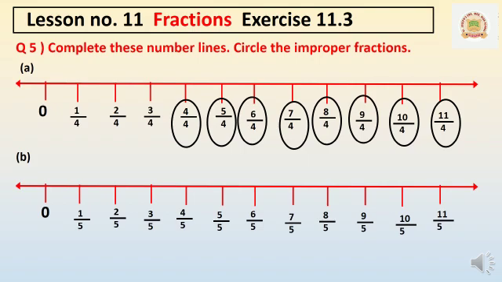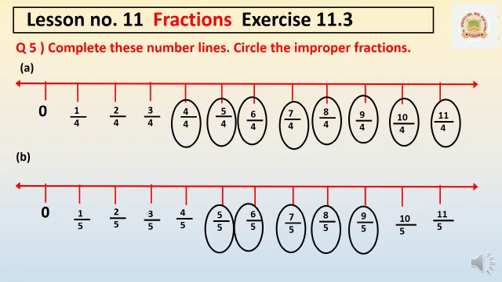8 by 5, 9 by 5, 10 by 5, 11 by 5. So what is the improper fraction? The numerator should be equal to the denominator, or the numerator should be greater than the denominator. 5 by 5 is an improper fraction, 6 by 5 improper, 7 by 5 improper, 8 by 5 improper, 9 by 5 improper, 10 by 5 improper, 11 by 5 improper.